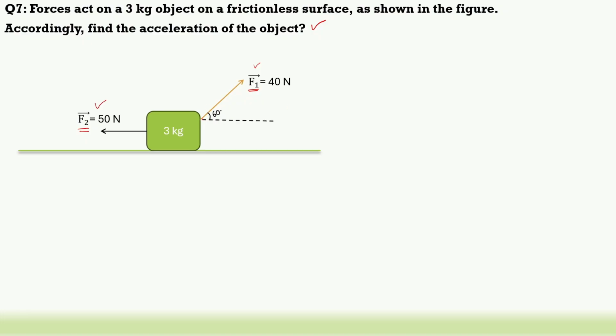This is the x component of force 1, so I am writing it like that, F1x. This is the y component of F1, I am writing F1y. Let's calculate these components. F1x equals F1 times cosine 60 degrees, and F1y equals F1 times sine 60.